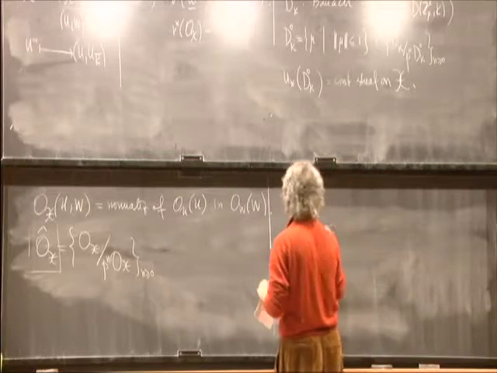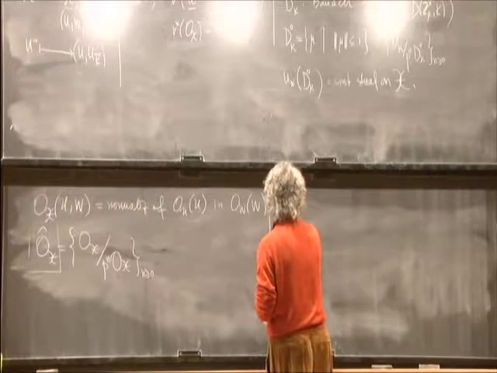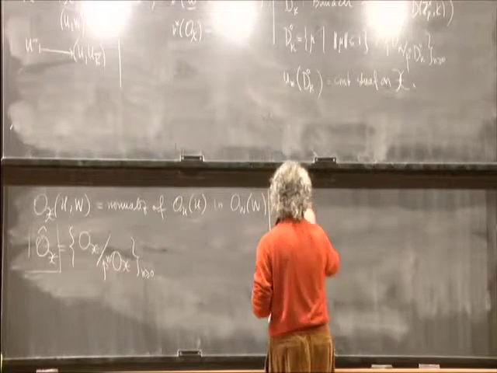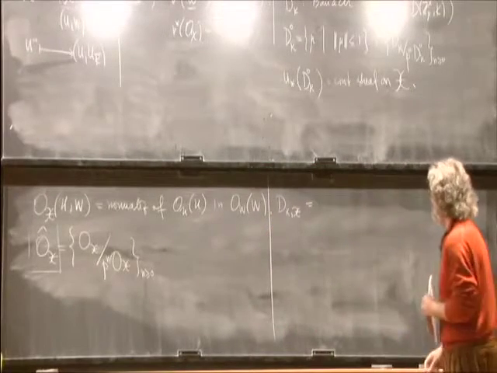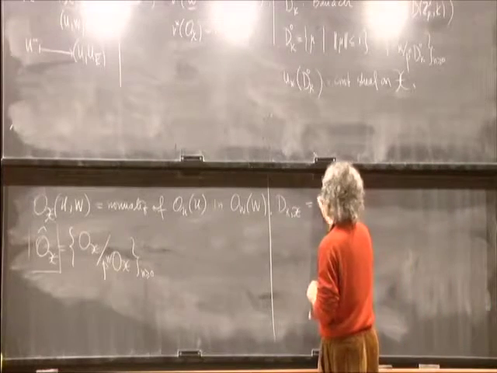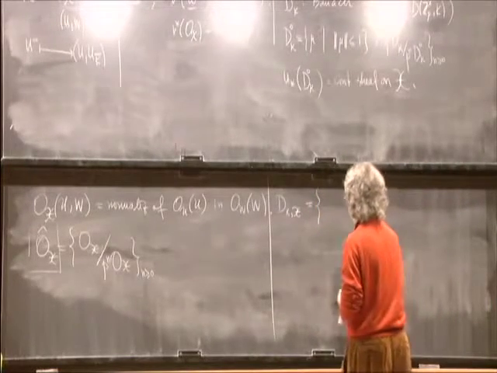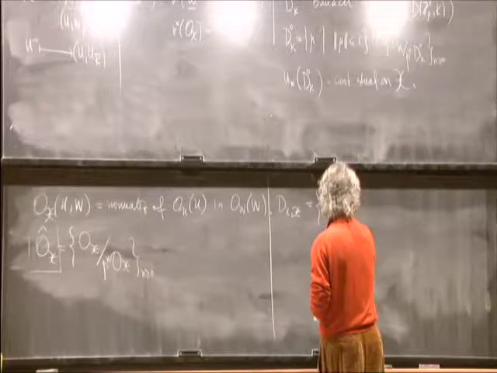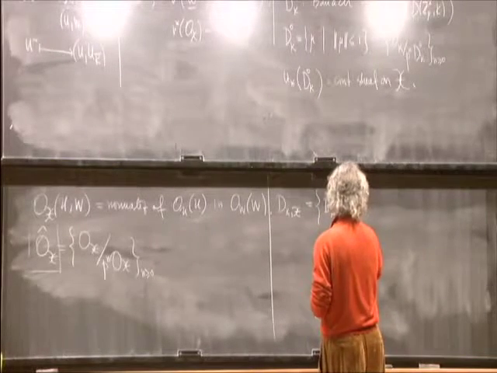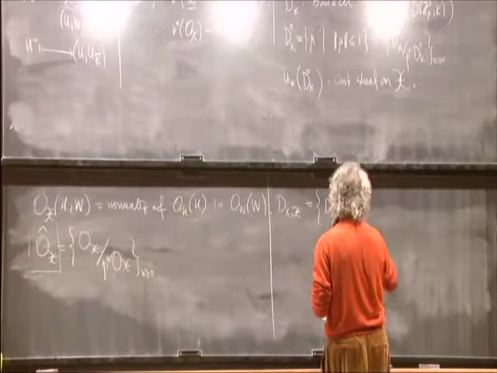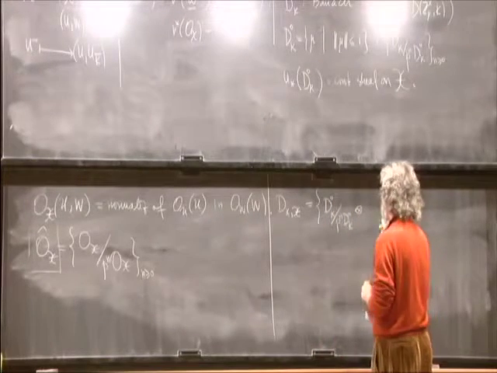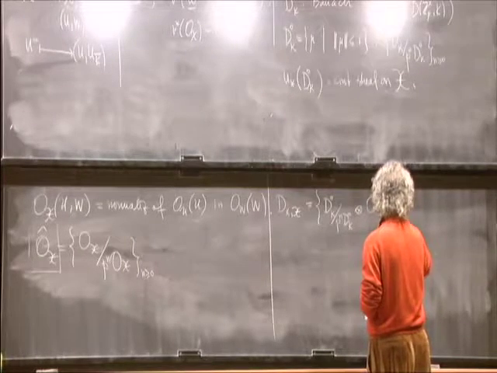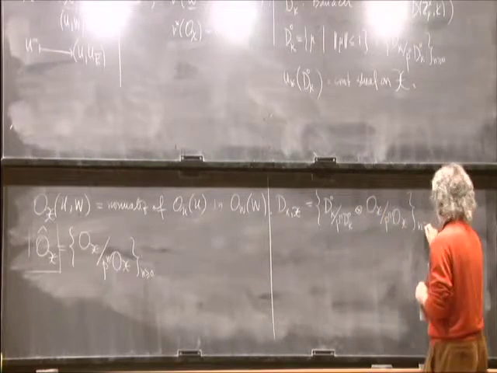So here is what we are going to do. So let me denote by d kappa x. So this is going to be a sheaf on X, and it's going to be the continuous sheaf d kappa 0 divided by P to the n d kappa 0 tensor over OK with OX divided by P to the n OX.